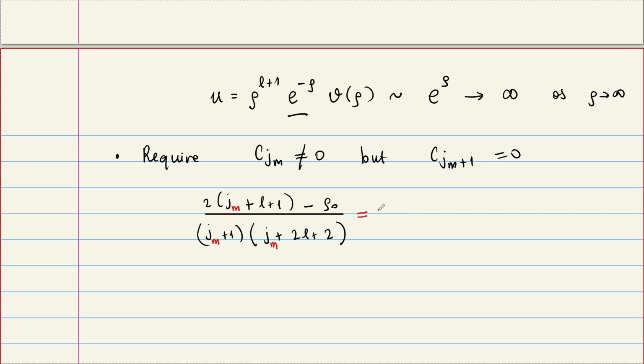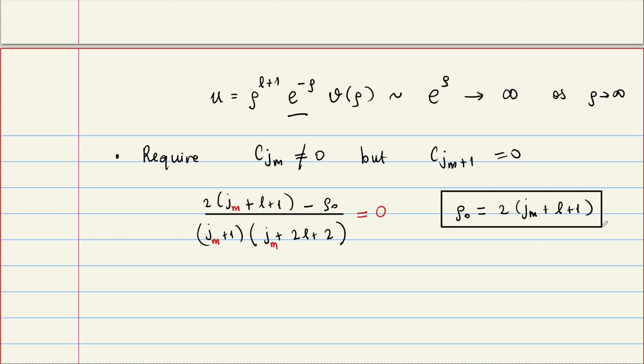And I require this to be 0. And this gives me rho 0 is equal to 2 Jm plus l plus 1. Good.